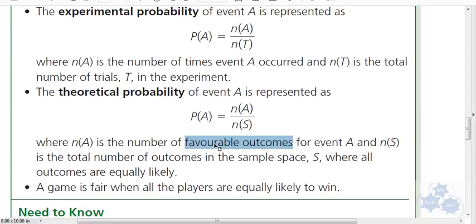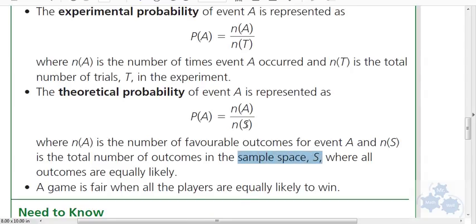if A is the event under consideration, if A actually shows up or actually happens, that's called a favorable outcome. So this is the number of times that event A happens, and S, okay, is the total number of outcomes in the sample space. So that's where we draw those tables and we say, all right, what are all the possible outcomes? Whether we actually would get any of those in an experiment or not, right? That's the difference. What are the possible chances that we could possibly have?